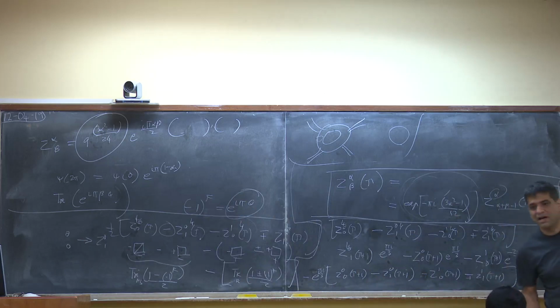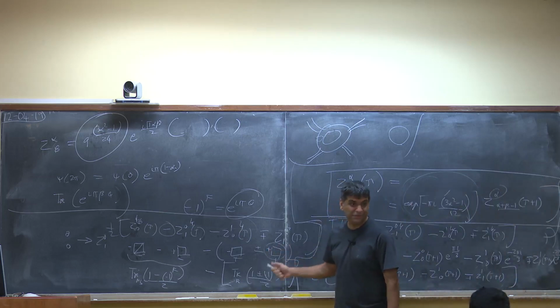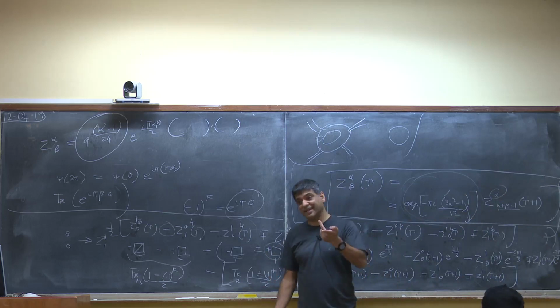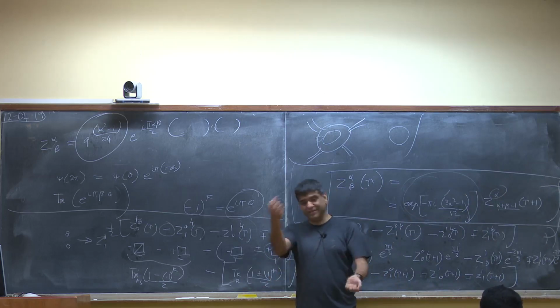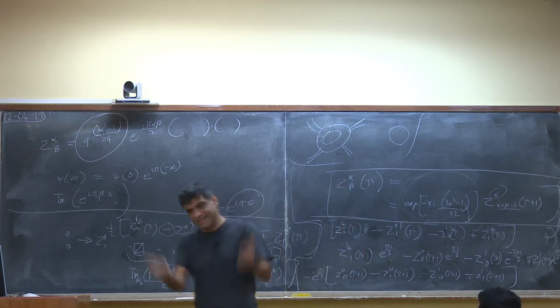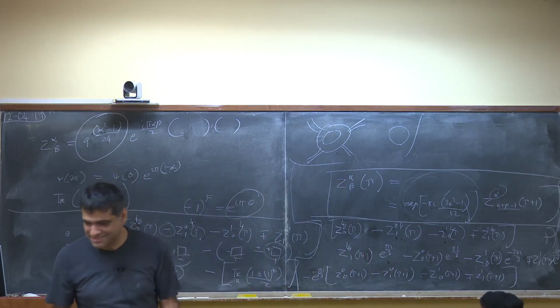Because it is trace of minus 1 to the power f of the Ramond state. It's trace minus 1 to the power f in the Ramond sector. The Ramond sector has degeneracy. Every state comes with its partner with opposite fermion number. So trace minus 1 to the power f in the Ramond sector is just 0.